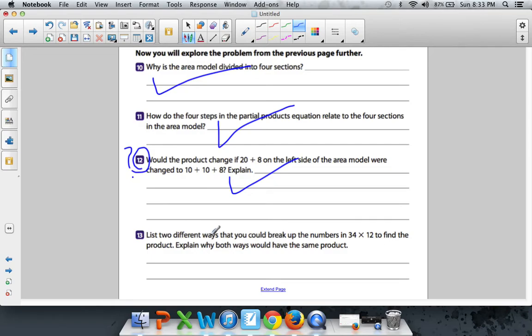List two different ways that you could break up the numbers in 34 times 12 to find the product. Explain why both ways would have the same product.